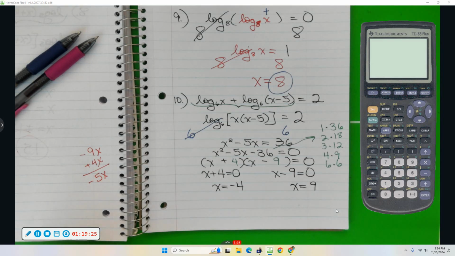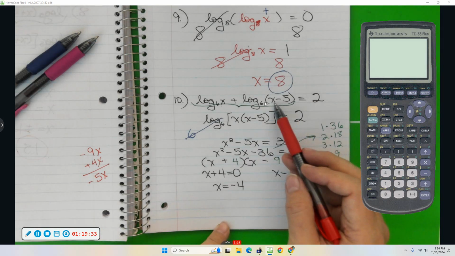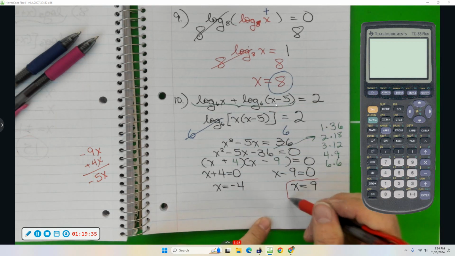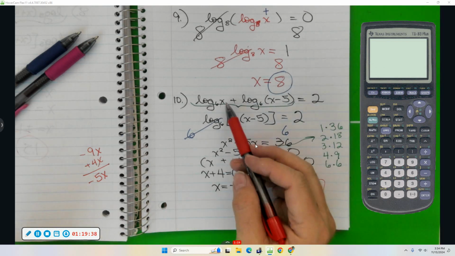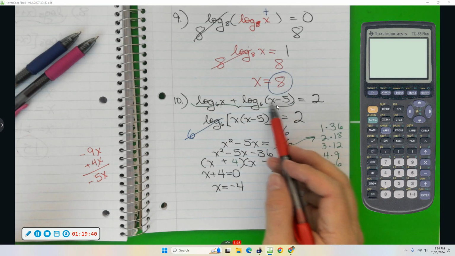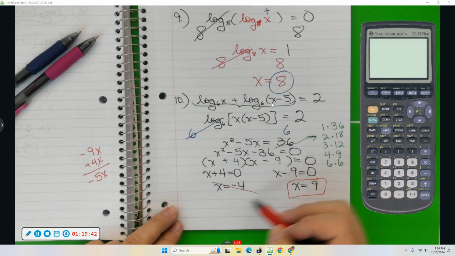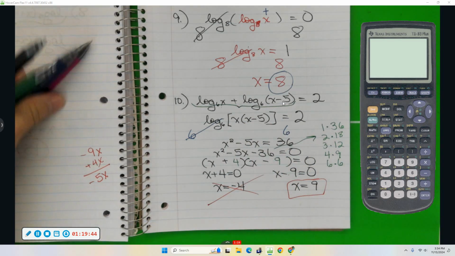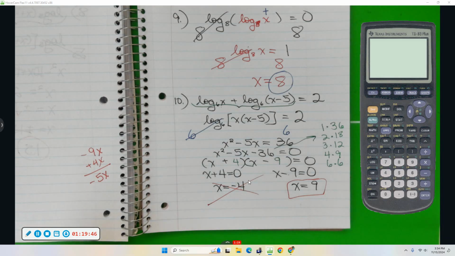Do they both check? Which one checks? The 9 checks. 9 is positive, 9 minus 5 is positive. But right off, with negative 4, negative 4 and negative 4 minus 5, neither of those is positive. Discard negative 4.